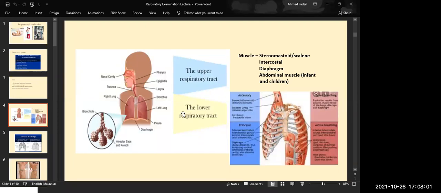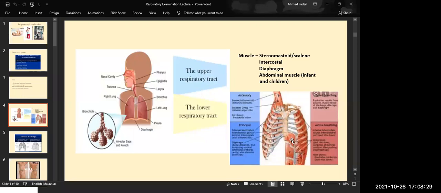And then remember that you are talking about the respiratory system. Don't forget your muscles. Muscles are a very important component of the respiratory system, in which without muscle there will be no breathing effort. The principal muscles are the intercostal muscles, the internal and the external, and then the diaphragm.